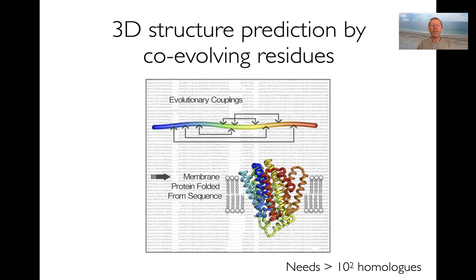So those are correlated mutations. Apparently, if you mutate from alanine to serine, you have to make a compensatory mutation here from serine to glycine.